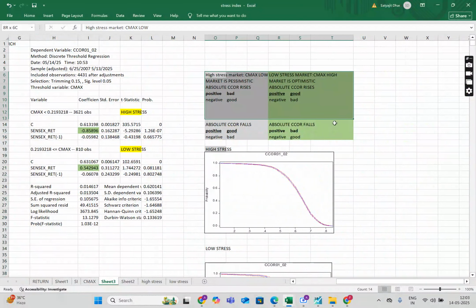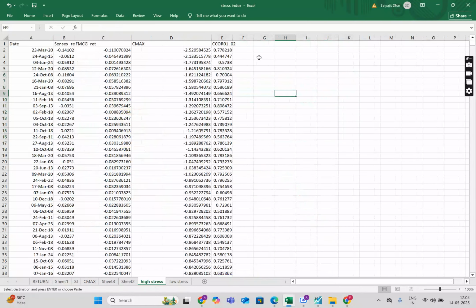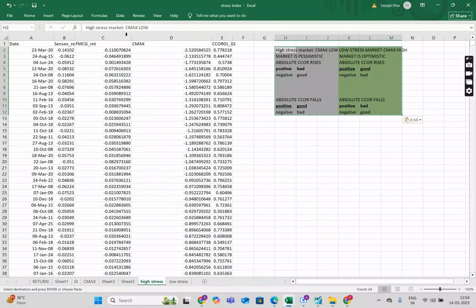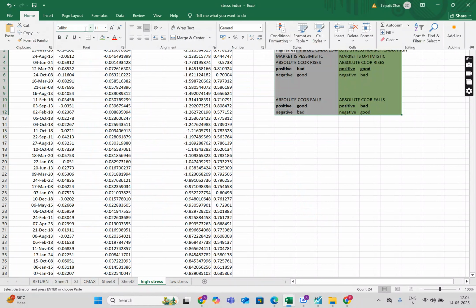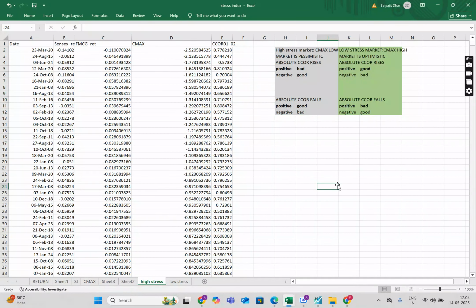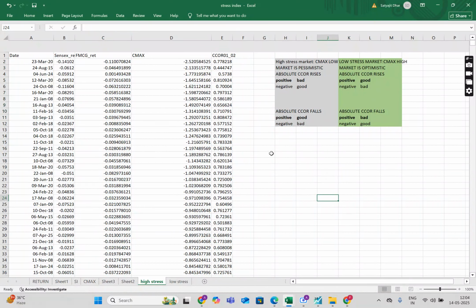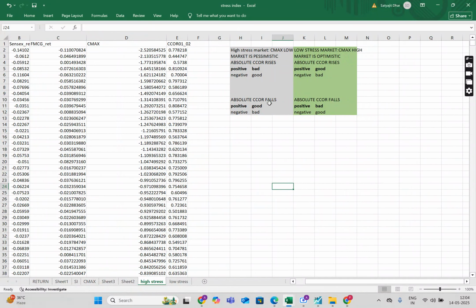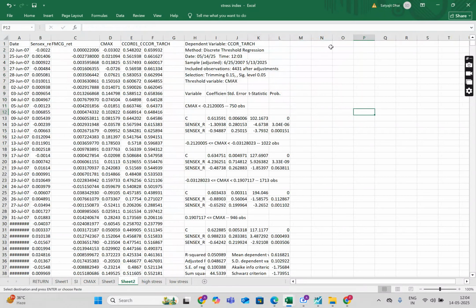Let me copy this box once again. I will make some changes. I will just remove the underlines. Sorry, why did I copy it here? I should have copied it to this sheet since I was working here.